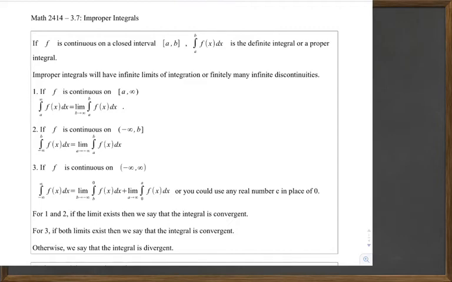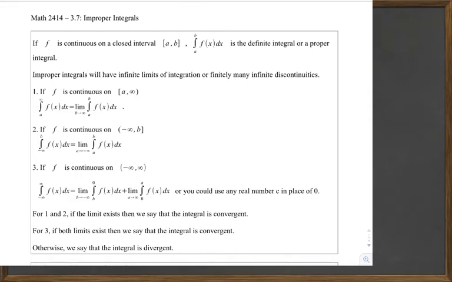We can also go to minus infinity. If f is continuous on the interval (negative infinity, b], including b, then the integral from negative infinity to b of f(x) dx is equal to the limit as a goes to negative infinity of the integral from a to b of f(x) dx.